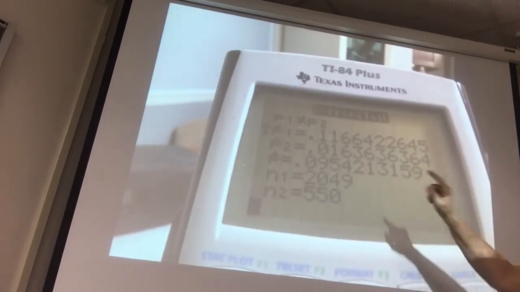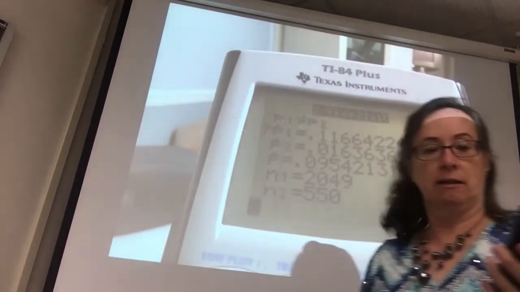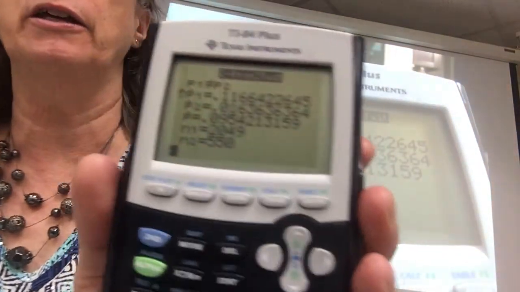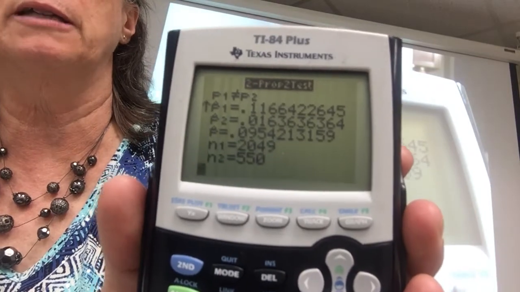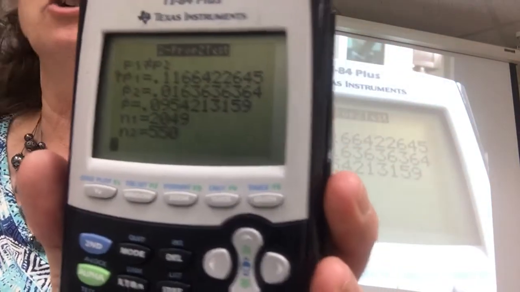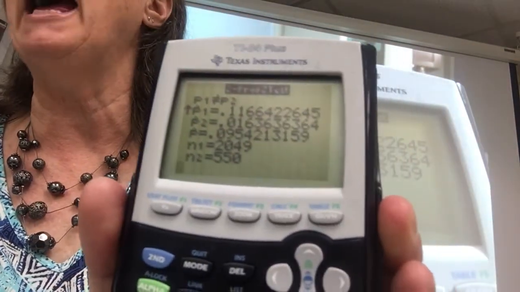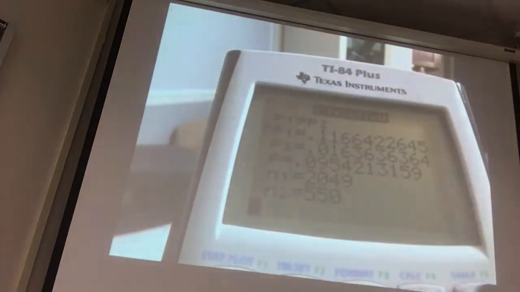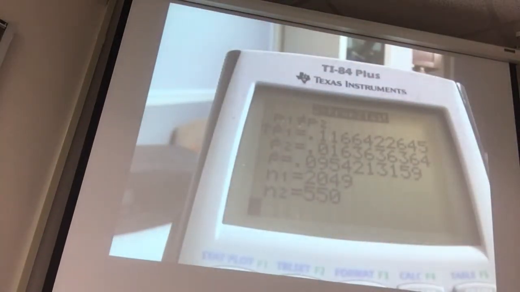That is your p-value that is right here. So your p-value is what? 0.095421. Okay, so your calculator gives you back the p-value. You had to do nothing but enter in your data, and you get back your p-value.